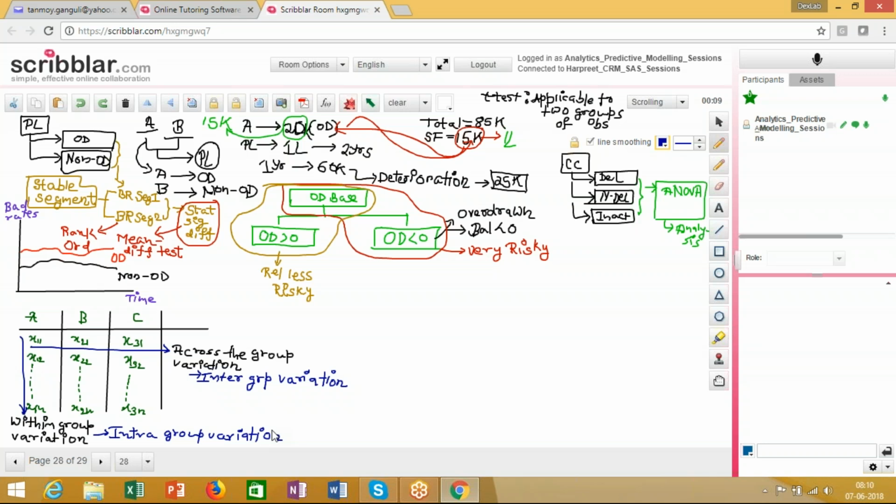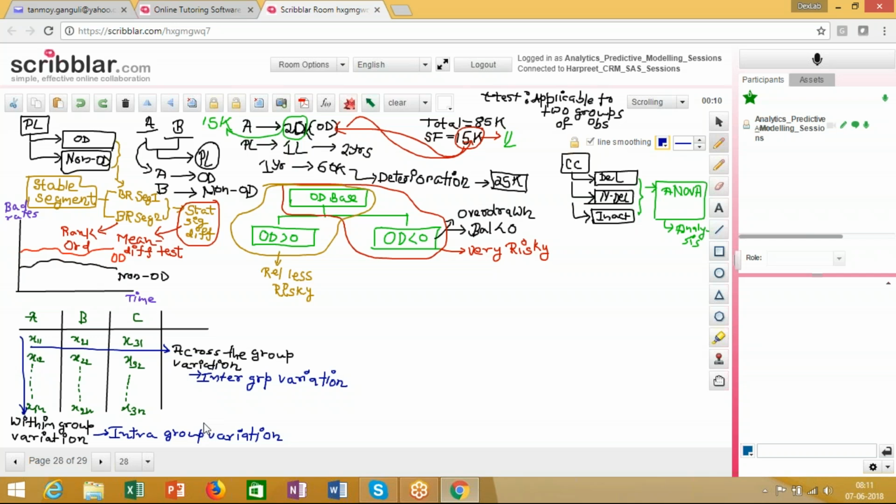The intergroup variation is the variation which we can actually explain. That is, as I move from group A to group B, or from group B to group C, I can say that yes, there is a variation, and yes, I can actually explain that variation. So this is what the intergroup variation is.